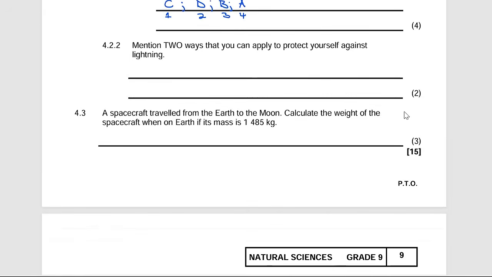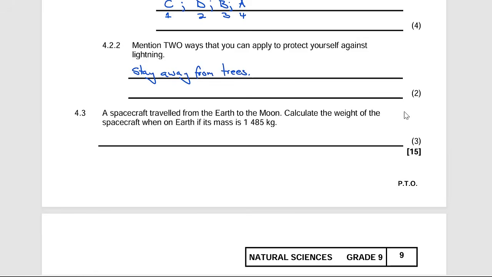Then question 4.2 says mention 2 ways that you can apply to protect yourself against lightning. The first thing, you need to stay away from trees. That's the first option that we have.